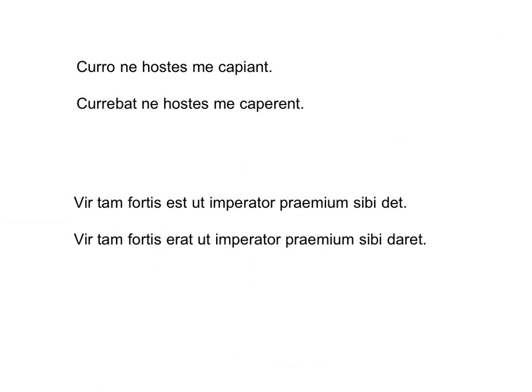The first one: curro ne hostes me capiant. So let's take a look here. We got the word ne, so we can bracket our clause off here, and we have to decide if it's a purpose or result. Well, if you look before the ne, there is no indicator word. There's no tam or totiens and that sort of thing. So this is a purpose clause.